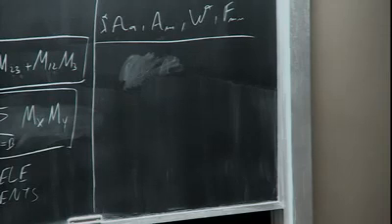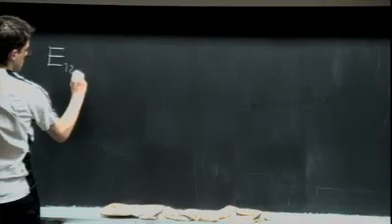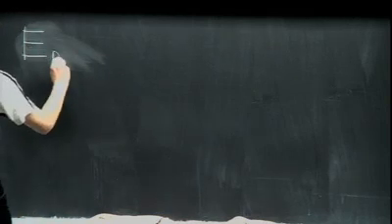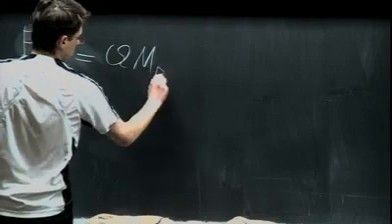What else can we define? Let's define a new object E, well, let's start using the notation. Let's define the object E_B, which is Q of M_B.